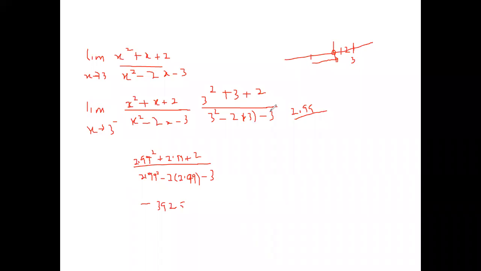So the numerator will be 9 plus 6 plus 2, over 9 minus 6 minus 3. 9 minus 6 minus 3 is 0, and the numerator is going to be 17. 17 over 0 is going to be infinity.